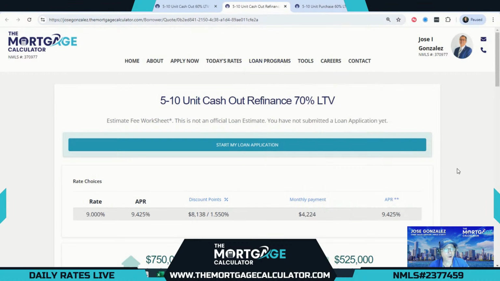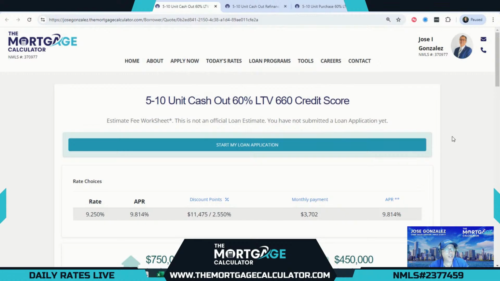And now for our refinance option, 70% LTV is the maximum LTV for this option, and this is our highest credit score tier. You're looking at 9% interest rate at a cost of 1.55 points. And our last option is our cash out, 60% LTV, 660 credit score.